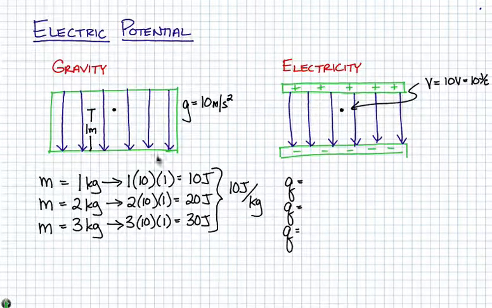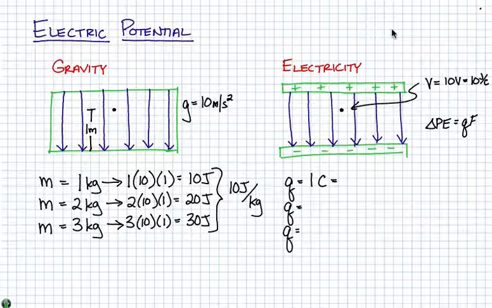So similar to what we have over here, if I place 1 coulomb of charge, you hopefully remember that our potential energy, for a uniform field, is going to be our charge times our electric field times our distance. So I assume here that my electric field is going to be 10 newtons per coulomb, just to keep it similar to our previous problem.